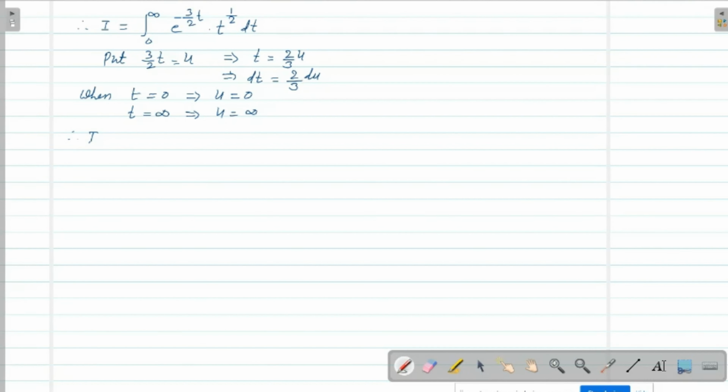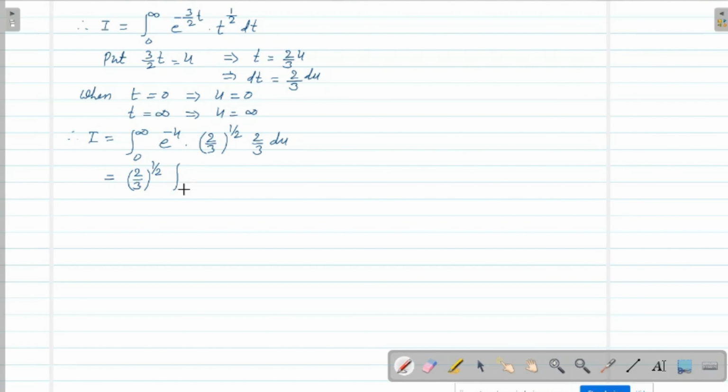So this gives I equal to integral limit 0 to infinity, same. Now e raised to, this quantity becomes minus u. And t, what is the t here? t is 2 by 3 u to the power 1 by 2, and instead of dt we will put 2 by 3 du. Now just simplify this. 2 by 3 is a constant, we will take it outside. So 2 by 3 is constant raised to 1 by 2.